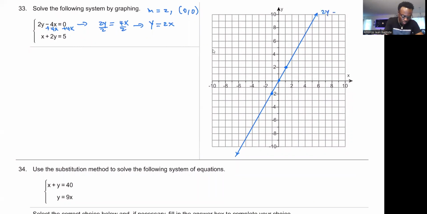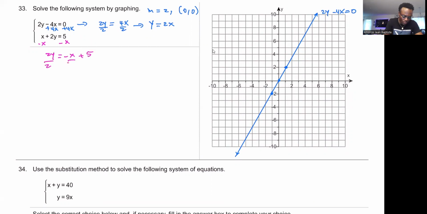That was 2y minus 4x equals 0. Now let's work with the second one. Subtract x on both sides. 2y equals negative x plus 5.